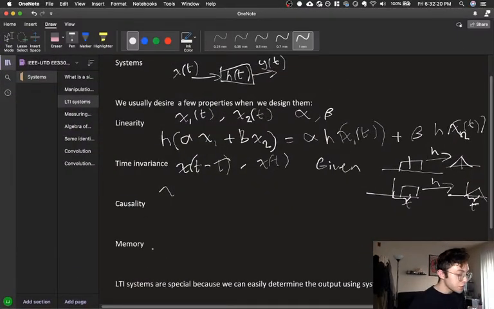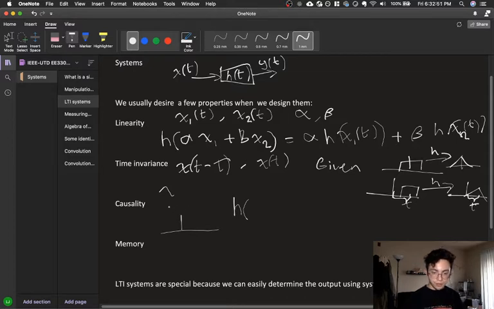Right, so a causal system H is one that depends only on past values of x.